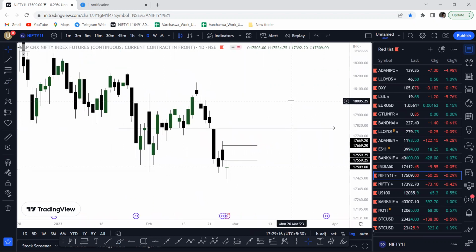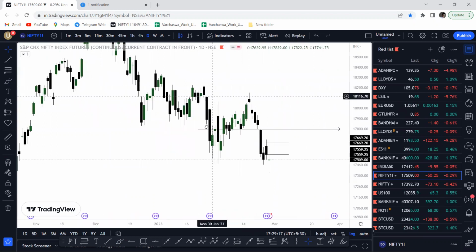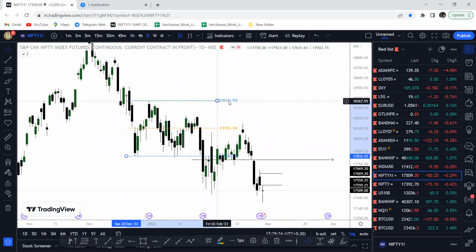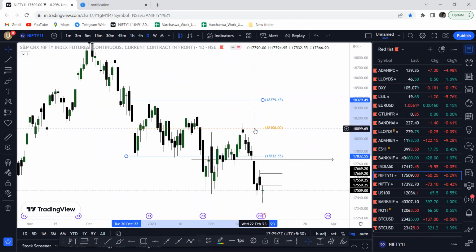But in this case, guys, try to understand. We are just trying to look at the equilibrium. So even here, if you look at this consolidation right here, this area is acting as an equilibrium, 18,100. And look at the momentum. Most of the time, the momentums are extremely high, and the prices also act as a magnet when the price is supposed to reach for it.